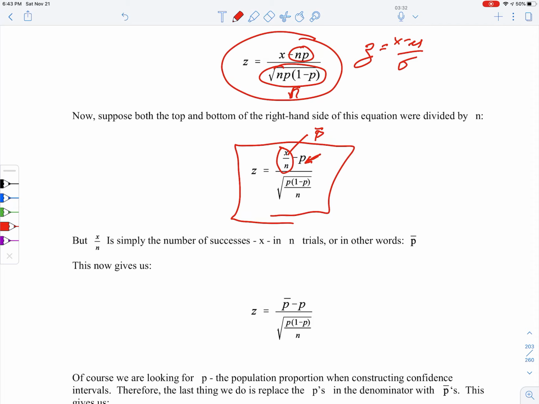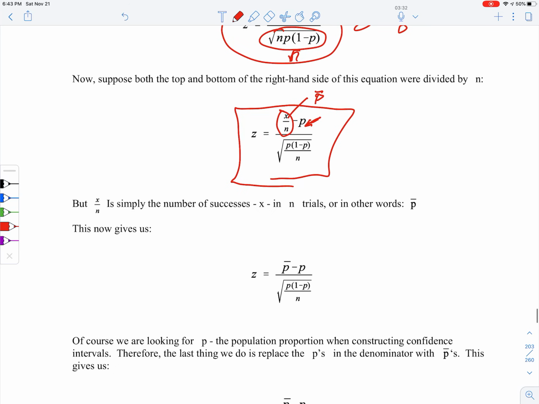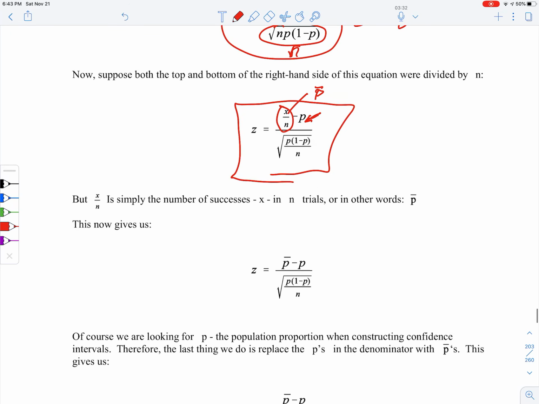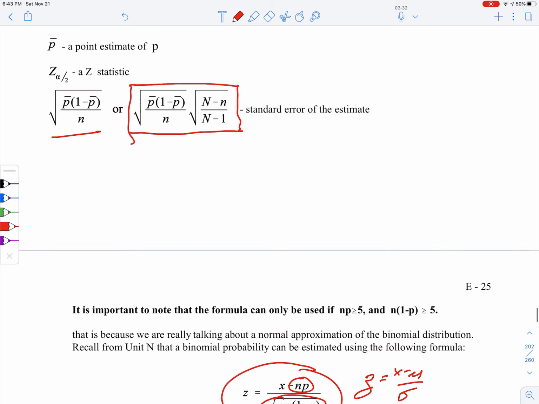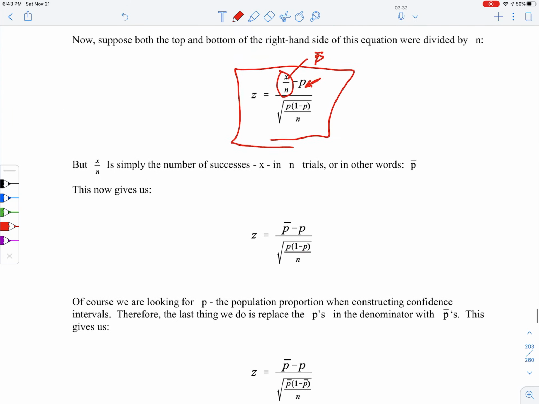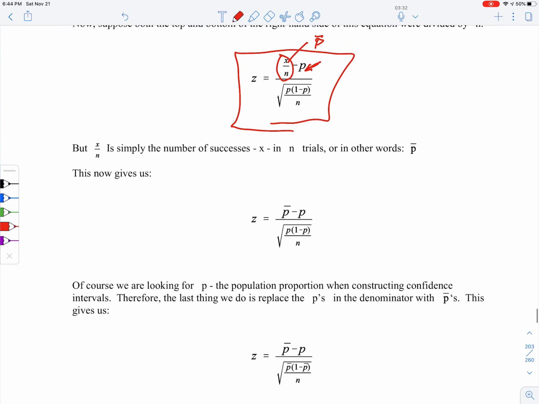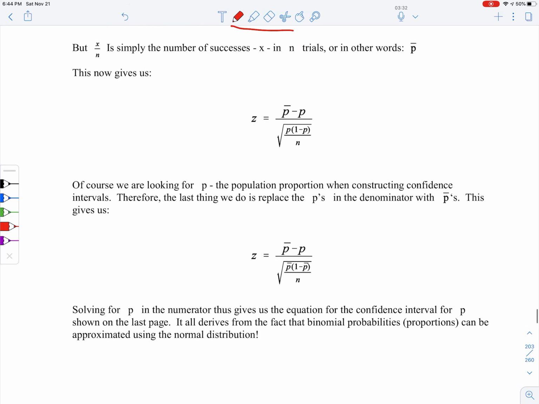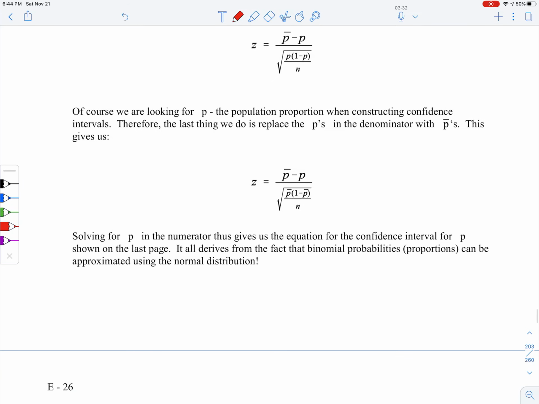And this is the population proportion which we're trying to estimate. So if we were to solve for that, we'd get this guy up here in the middle of the page here. One thing to note here is if you take a look at the bottom, we've got p times 1 minus p over n. And so when we're talking about a confidence interval, of course, we don't know what p is.